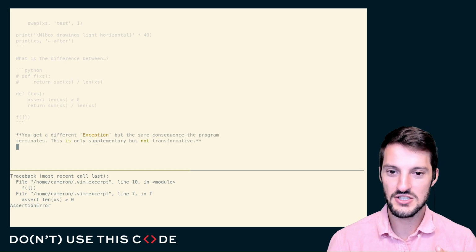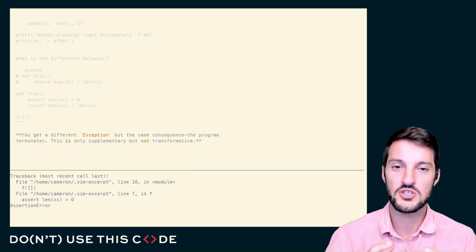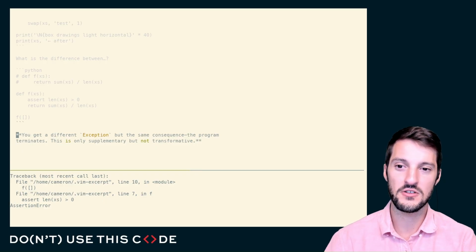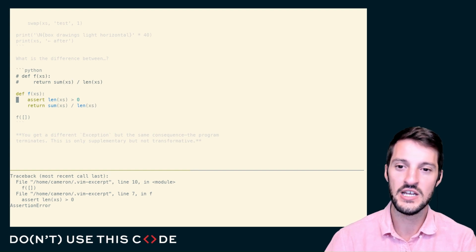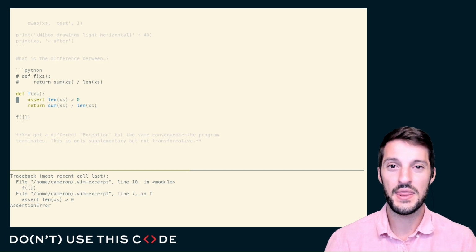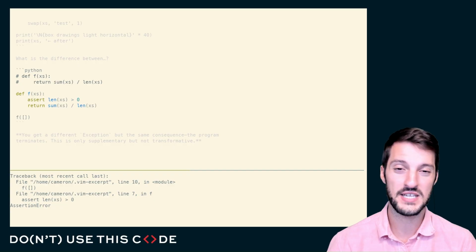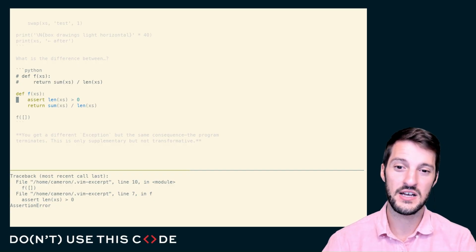And this is only supplementary. We're just adding extra information. We're not transforming any actual result here. And so regardless, you would be able to look at these exceptions and still come to the same conclusion. We haven't really done anything here except for adding a check that maybe, if there's a really slow code path in order to perform this operation, would benefit us. But I wonder if we could do this another way.